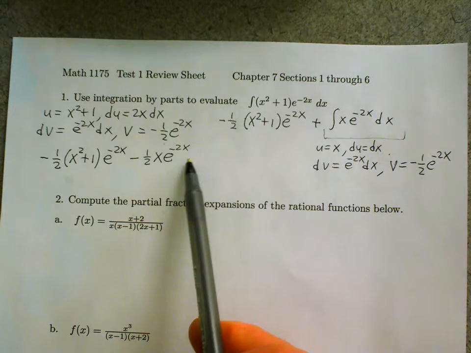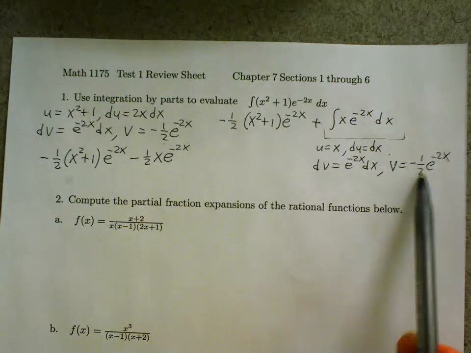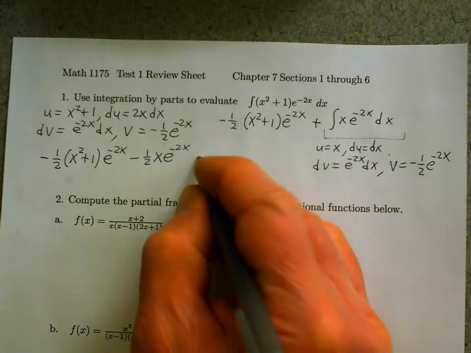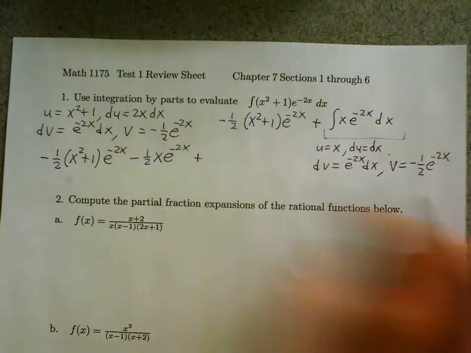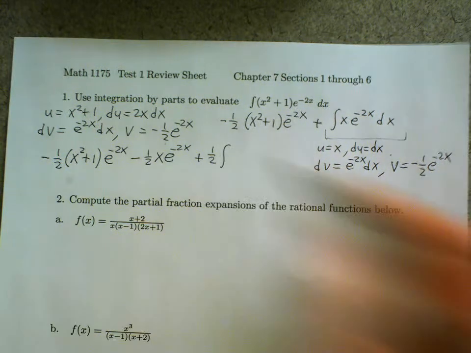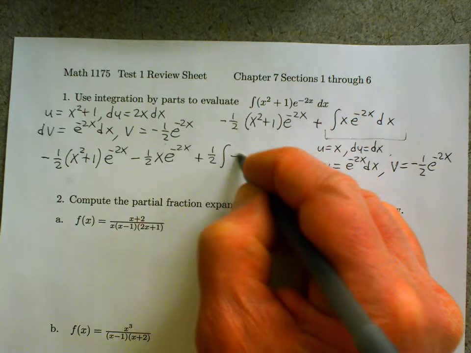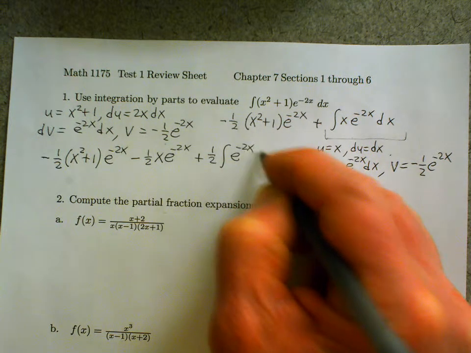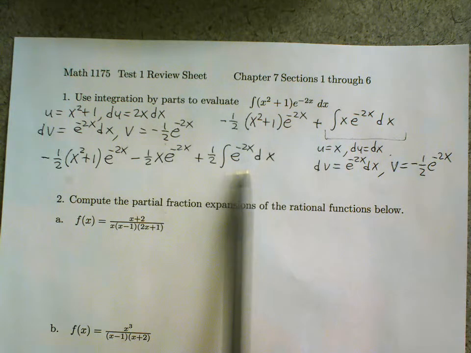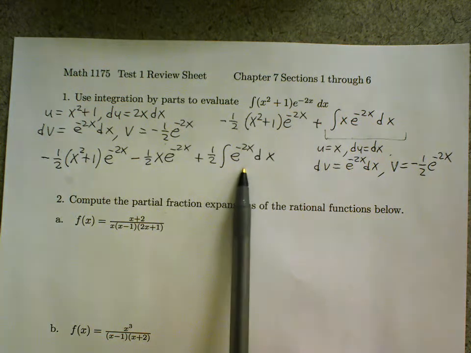And then we're going to subtract the integral of v du. So once again, we're subtracting a negative, so I'll just write it as plus, and then the factor 1/2 out front, and then times the indefinite integral of e to the negative 2x dx. Okay, I'll leave the rest of that for you to do. There's just one more simple integral to evaluate on this one.